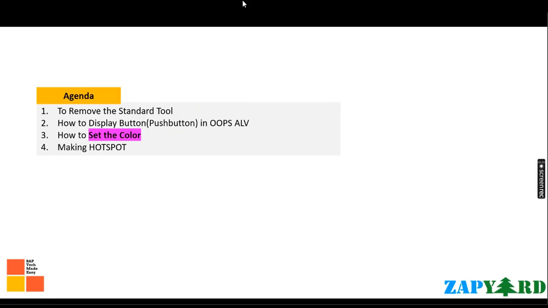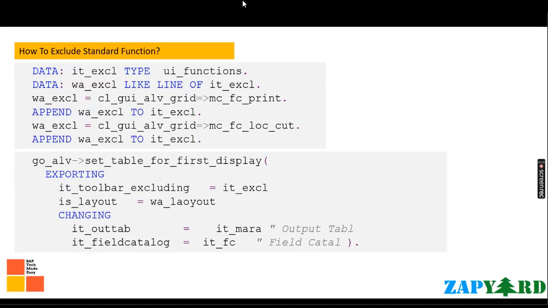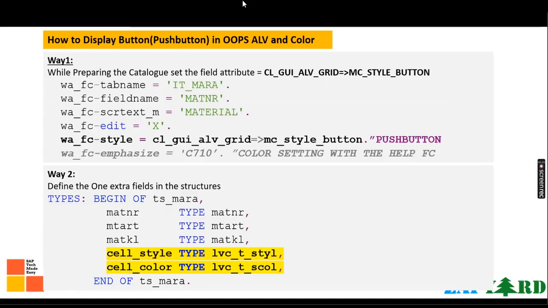We have seen how we can remove the standard toolbar, how we can display the push button in the field label, how we can set the color at the cell level, and how we can display the hotspot. So all these we have seen.